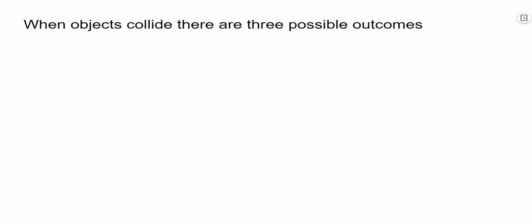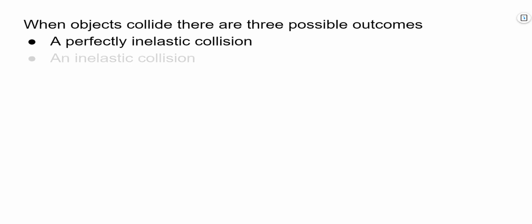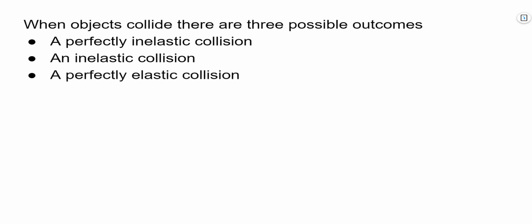When objects collide, there are three possible outcomes, essentially three types of collisions that they can experience. They can experience what we call a perfectly inelastic collision. They can have just an inelastic collision where it's not perfect, or they can have a perfectly elastic collision. You'll also just hear people call this an elastic collision because there's no such thing as an imperfect elastic collision.